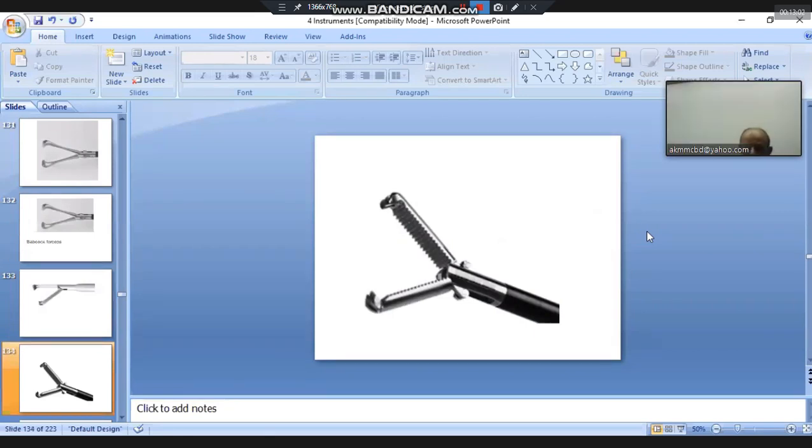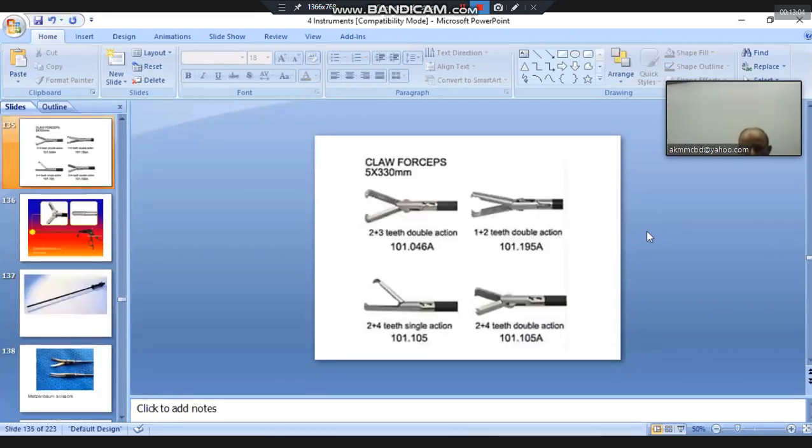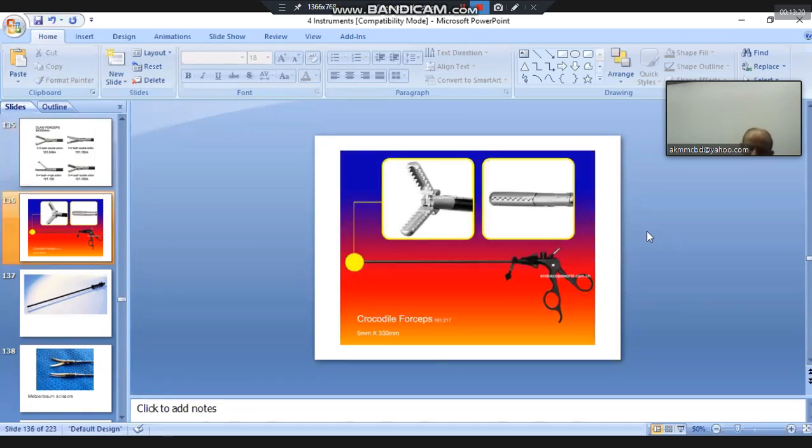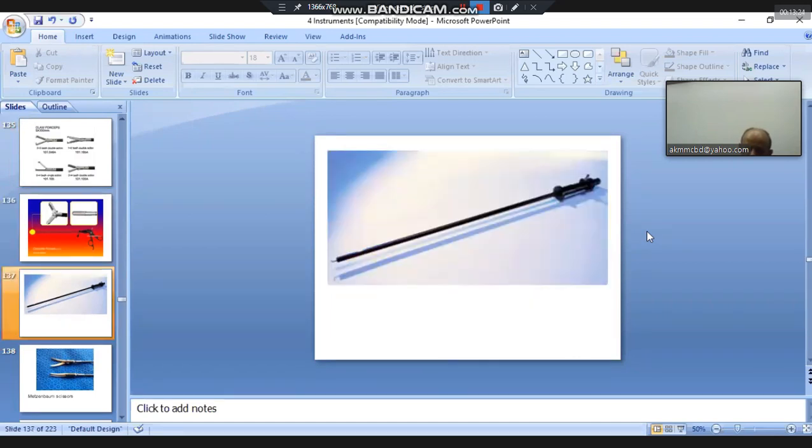This is also another type of crocodile forceps, or we can say claw forceps, because it is somewhat like the claw of a crocodile. This is also known as claw forceps or crocodile forceps.